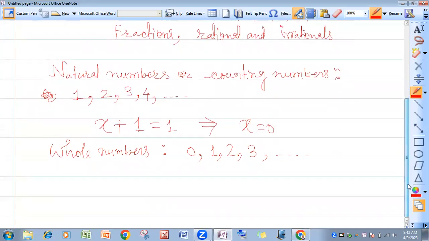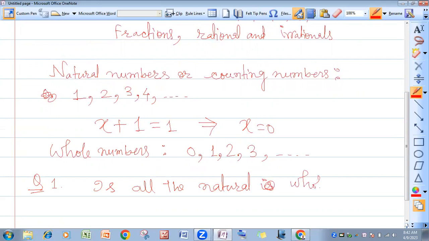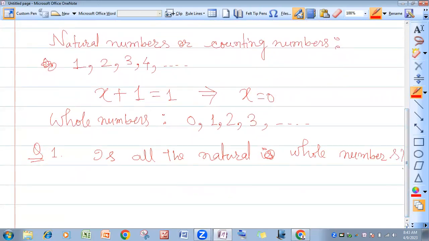From this we can ask a question: is every whole number a natural number? The answer will be no. Here 0 is not included.